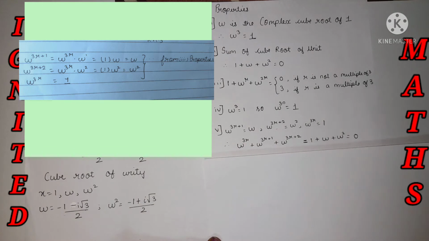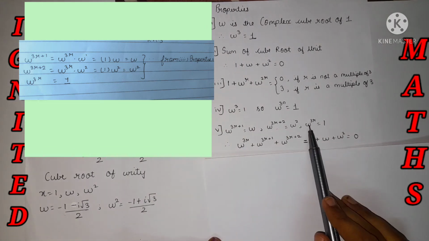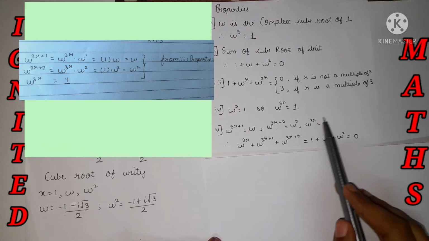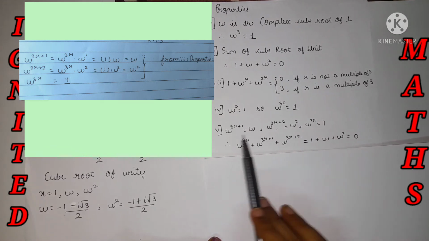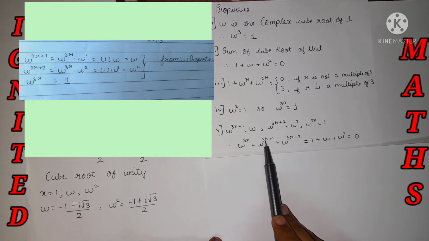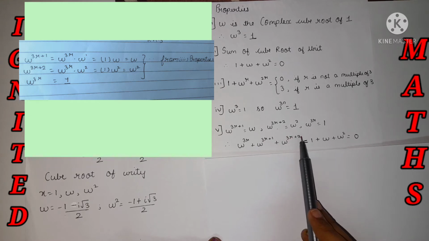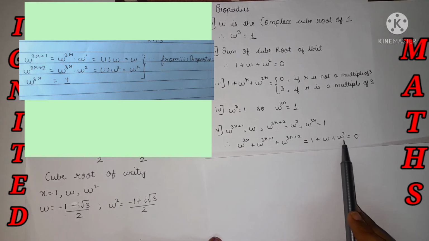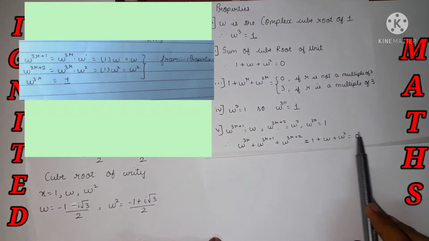Over here also it's the same, 1, 2, 3, etc. Omega raised to 3r is nothing but the value 1. So I got the answer. Now I'm going to construct over here: omega raised to 3r plus omega raised to 3r plus 1 plus omega raised to 3r plus 2. I have each and every value. Okay, 1 plus omega plus omega square is equal to 0.